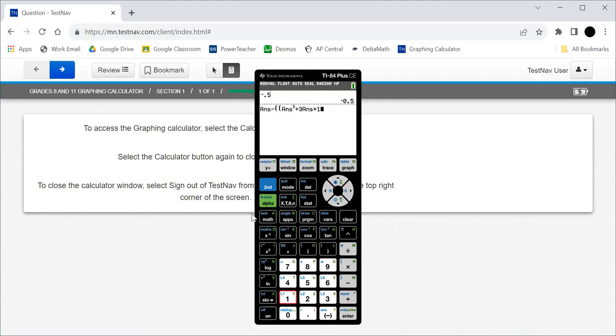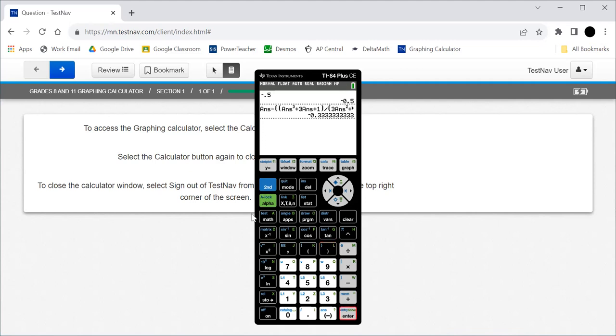And that's the end of our numerator. So we'll close the first parenthesis. We'll say divided by. And then we'll open a new parenthesis for our denominator, which is 3 times x sub n, or answer, squared, plus 3. We'll close the parenthesis for the denominator, and we'll close the parenthesis for the entire fraction.